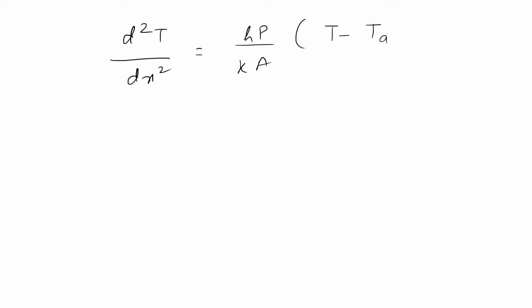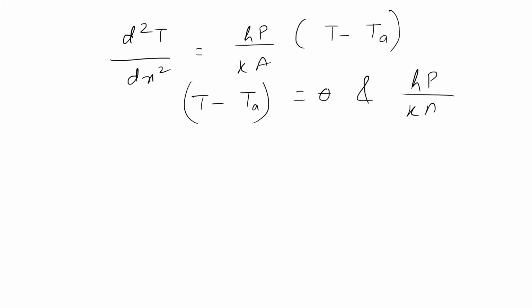By heat balancing, we finally get a differential equation which can be written as, now here we can denote T minus Ta as theta and hP by kA as m square.